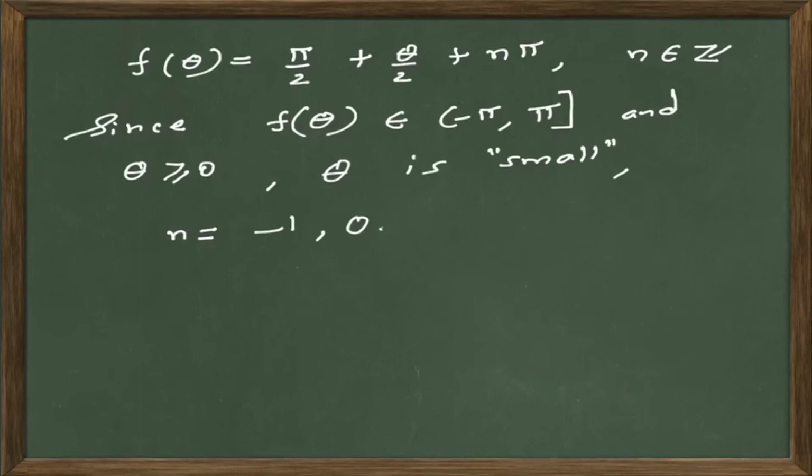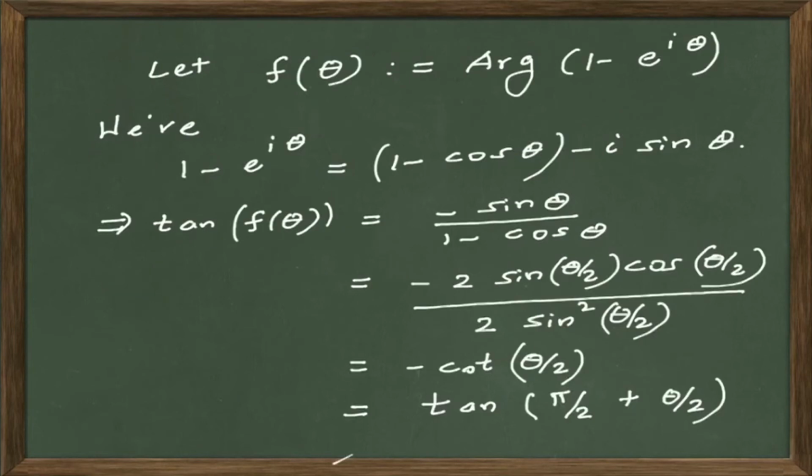Also, among these values, n equal to 0 is not possible. Why? Because if n is equal to 0, then f of theta is pi by 2 plus theta by 2, which will imply that the complex number 1 minus e^(i theta) is in the second quadrant, and hence its x coordinate is negative.